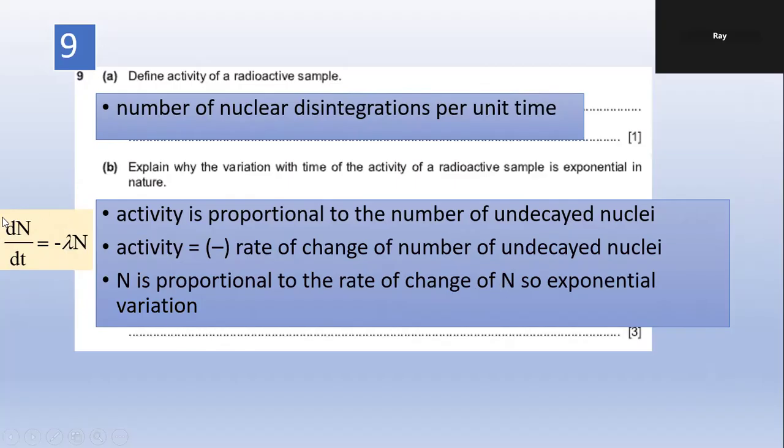So basically, that is the formula, and if you integrate it, you will show that exponential equation. That's what this is all saying. So memorize. They don't ask you to derive, they ask you to explain. Okay, happy with that?